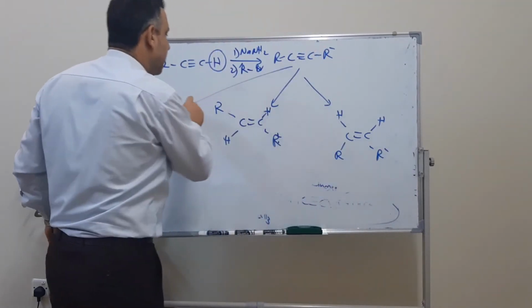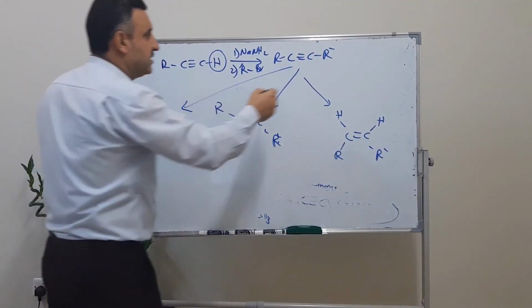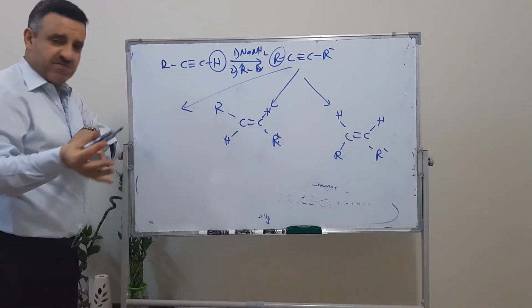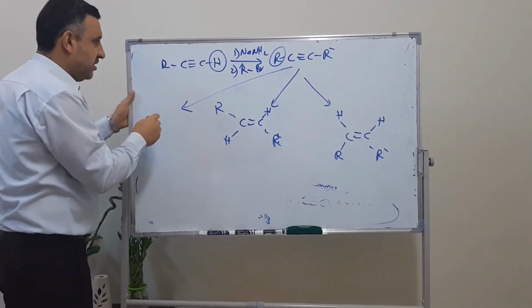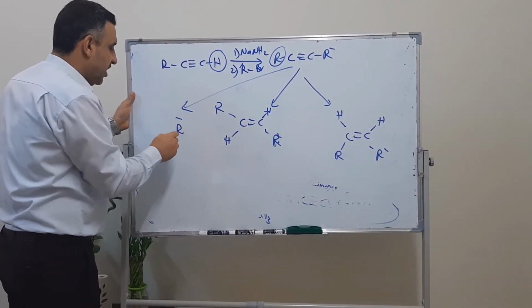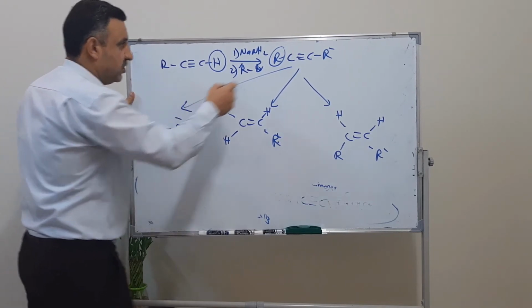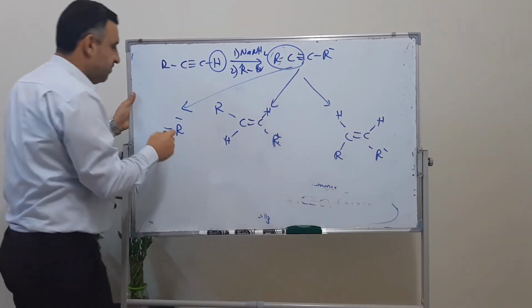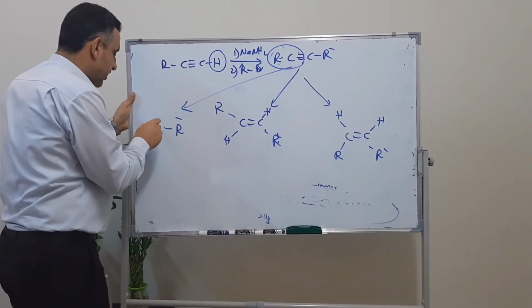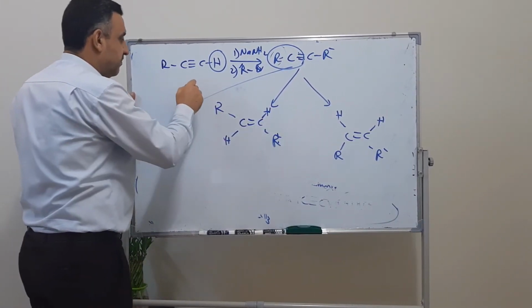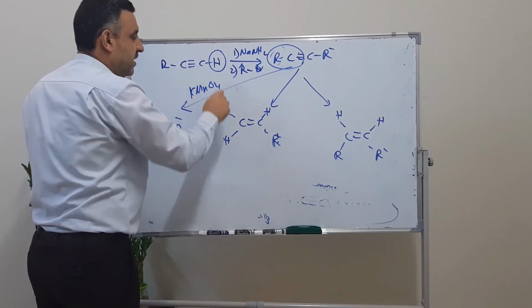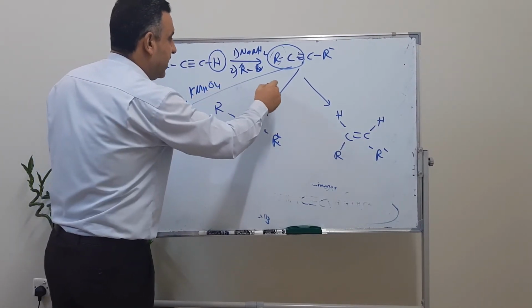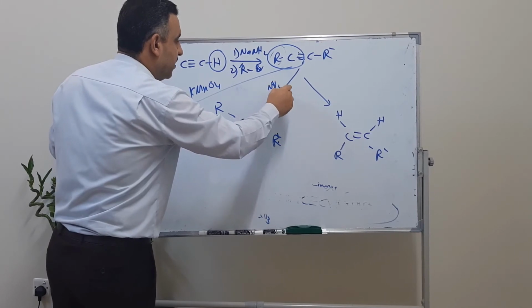Or you can oxidize it, for example. You can take these 2 carbons off for any reason. You can convert them into R, CO2H by simply KMnO4, for example. Here, by simply reacting with ammonia and lithium.